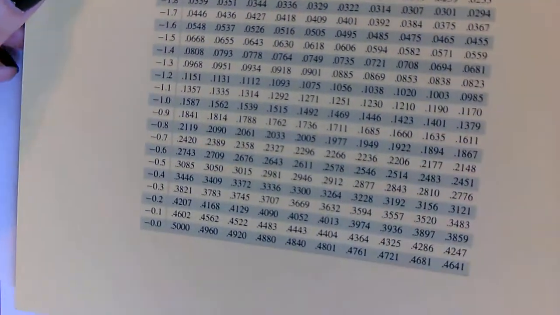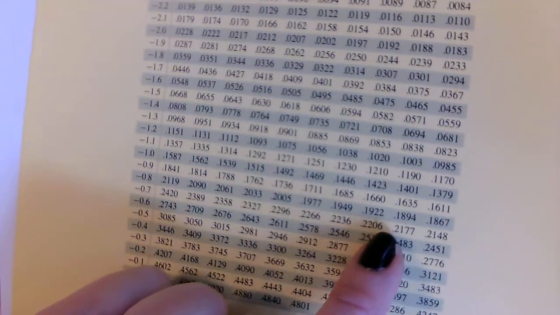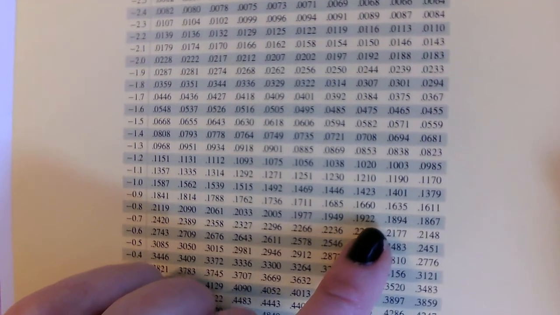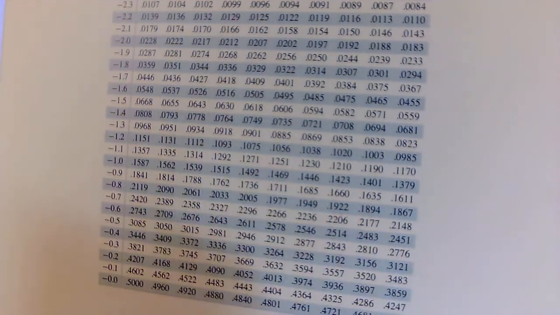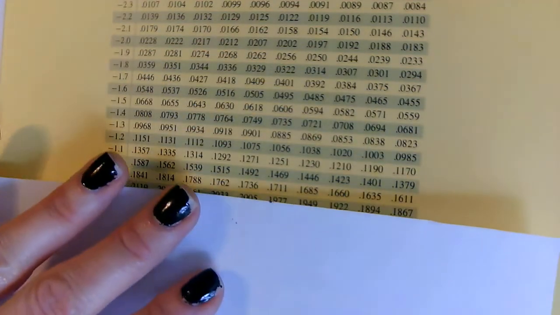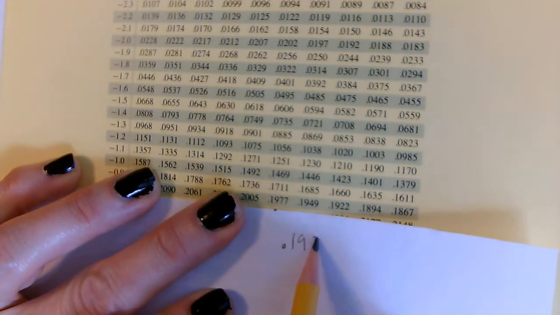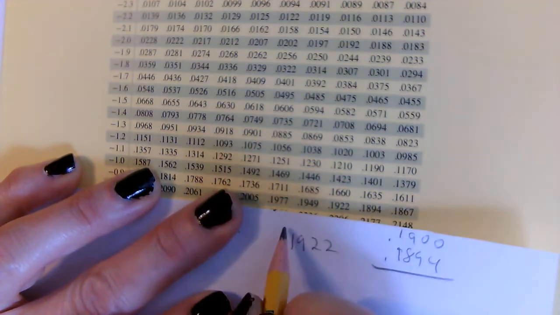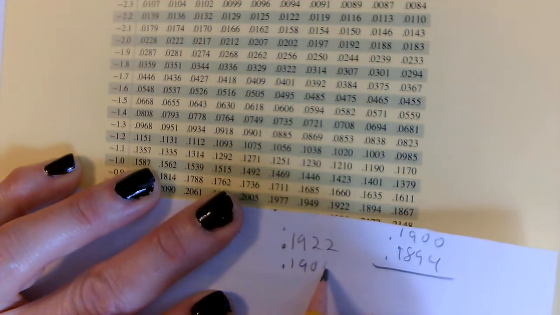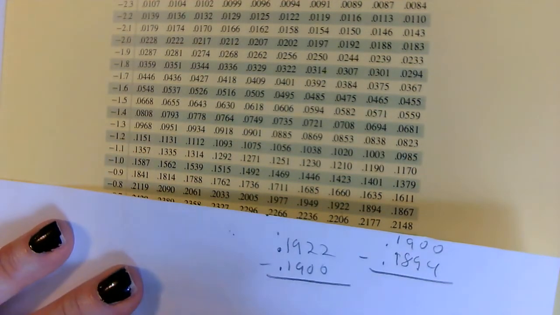So I'm looking for the number closest to 0.1900, so I can get the z-score that goes with it. So if I have these two, one's below, one's above, which one's closer?